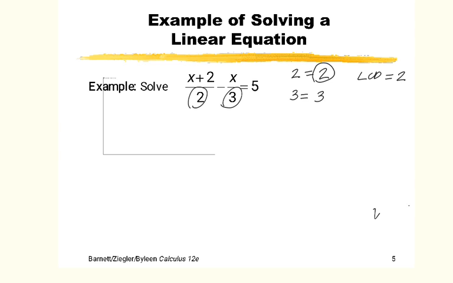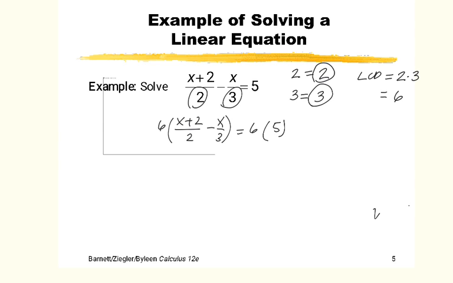So in this case here, I have a factor of 2, but 3 is also missing, and so I'll multiply by 3. So my least common denominator is going to be 6. I'll multiply both sides of my equation by 6, and this will allow me to get rid of the fractions within the equation. Make sure you're multiplying both sides of the equation by 6.